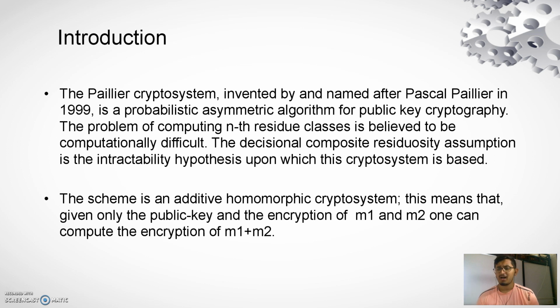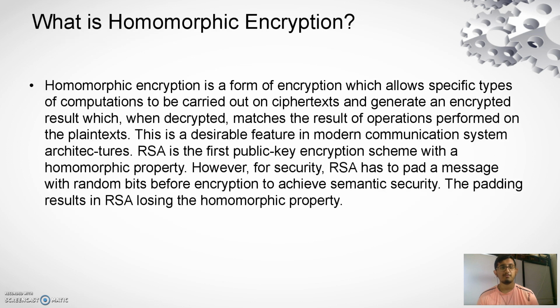Now, it is similar to RSA, but it has one distinct feature which is very important, and that is homomorphism. Now, let us understand what homomorphism is. What is homomorphic encryption? Suppose you have to add another encrypted message to an encrypted message. You would first have to decrypt both messages, then add, and then encrypt the entire message again.